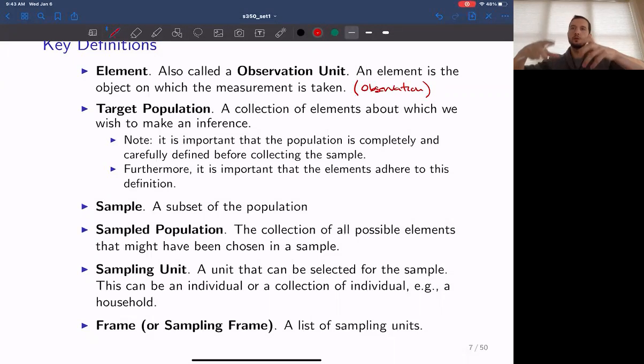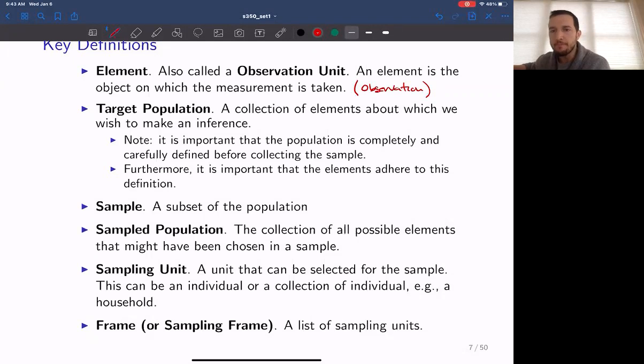So the sampling unit and the element can be the same thing depending on the context of the study. But the sampling unit can also be a contact point within which the elements exist, and then one or two representative elements, depending on the study, can contribute information.